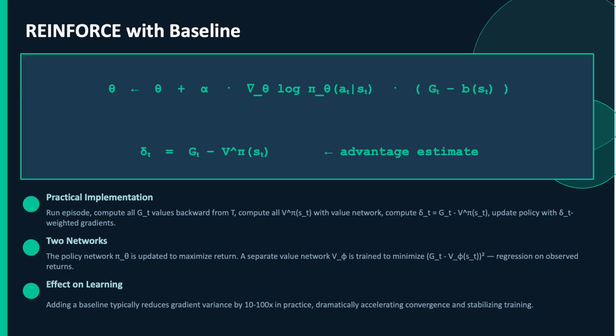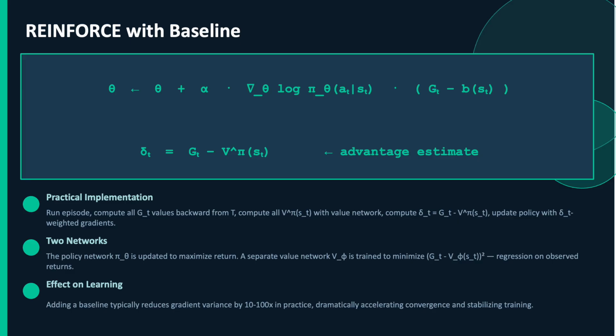In implementation terms, you run an episode, compute the G_t values by working backward through the rewards, evaluate V_phi of s_t for every state visited, compute delta_t at each step, and then update the policy network by gradient ascent using delta_t as a weight on the score function.